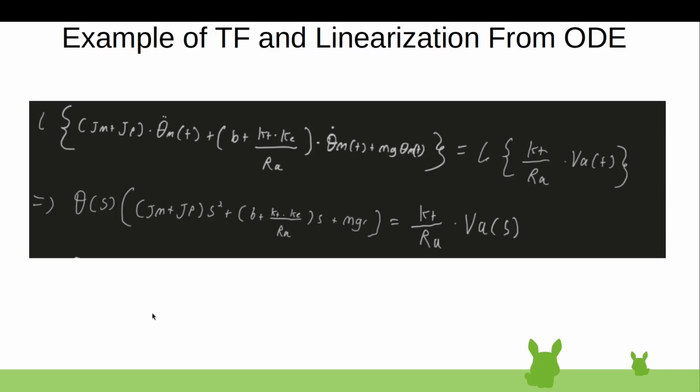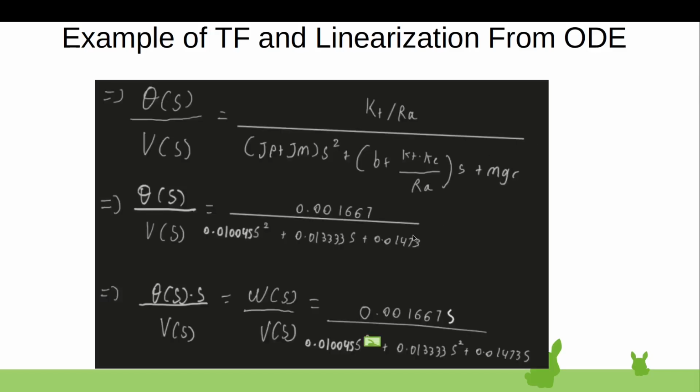After that, with V(s), you do the fractional form of input and output, and here our output is the angular position, in degrees, or I think it was radians, I don't remember. But the most relevant detail is that we were able to get our transfer function, and also find the coefficients themselves, whether experimentally or whatnot.